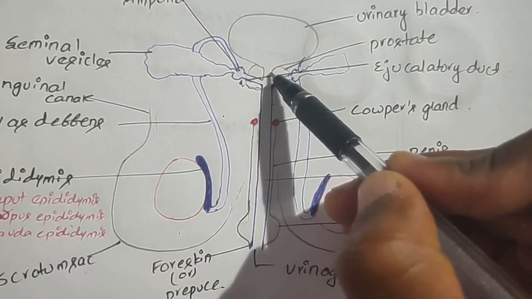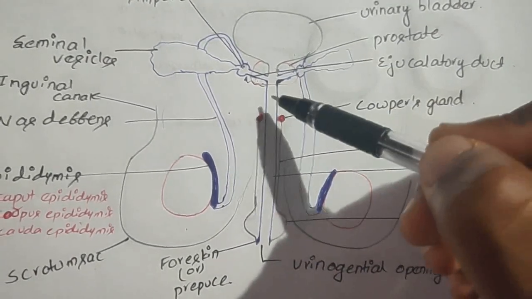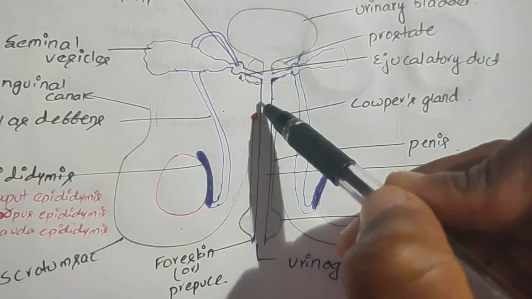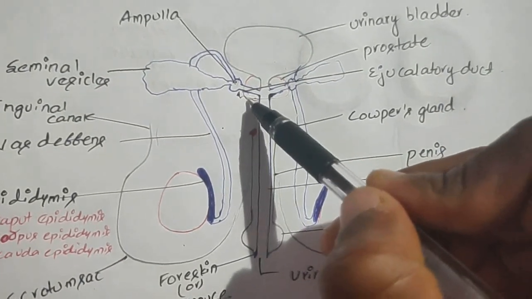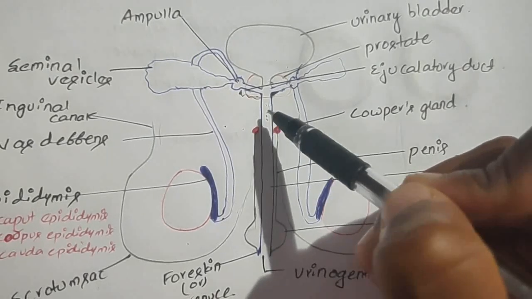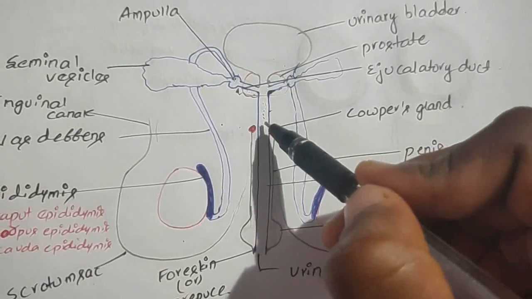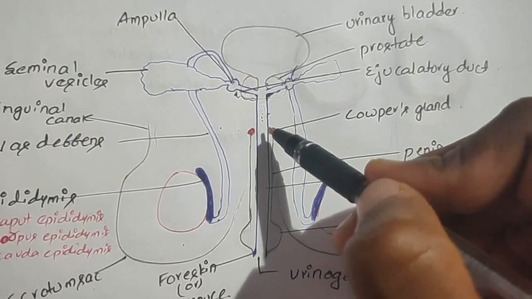It carries only urine, and below this layer is the urogenital opening or urogenital duct, into which the ampulla, vasa deferens, and seminal vesicles all open. This urogenital duct carries both urine and sperm; it is the common carrier for both.